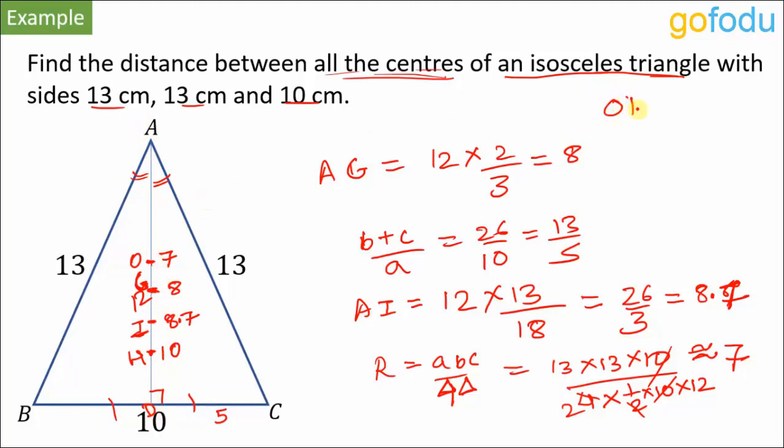So OD is 5. Twice of this distance is equal to the distance of the orthocenter H from the vertex. Twice of 5 is 10 and the distance of H from vertex A is also 10. Okay. So that's one property to check if you have calculated all the points properly or not.